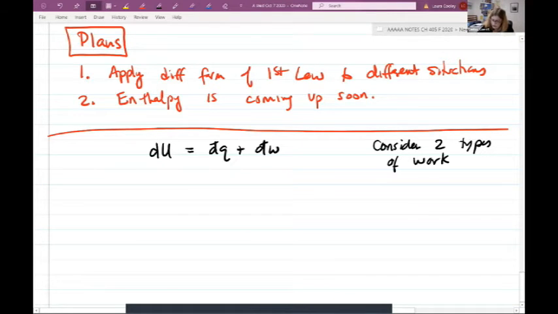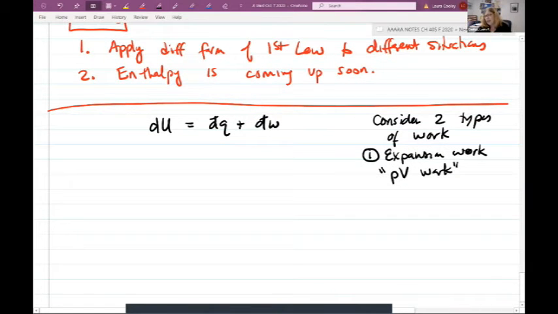Expansion work is sometimes called PV work, because it's pressure and a change in volume. Expansion work is the work we've calculated for the constant pressure expansion and the reversible expansion.